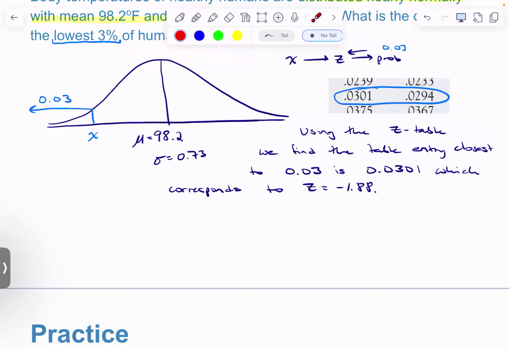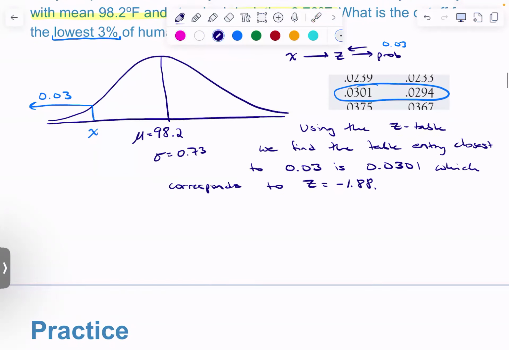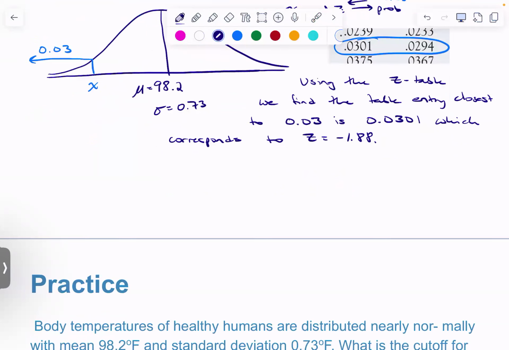So now if Z is negative 1.88, what that's saying is that our observation must be 1.88 standard deviations below the mean, because it's negative. You can use the original equation, which I actually prefer.